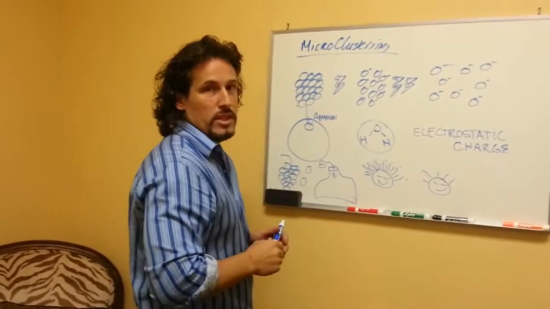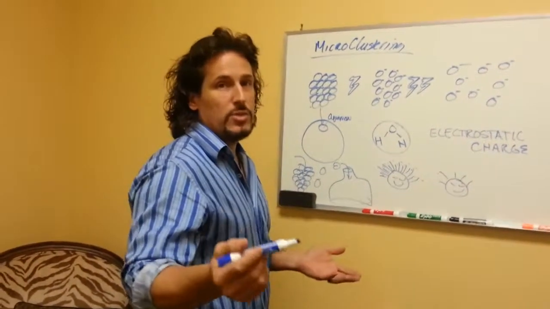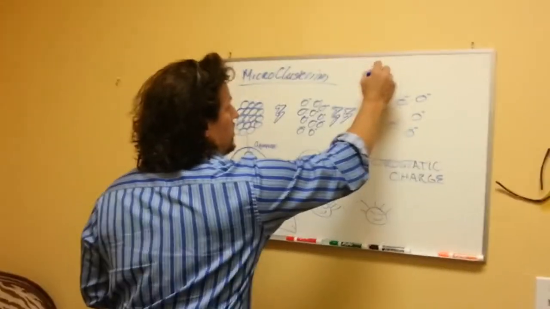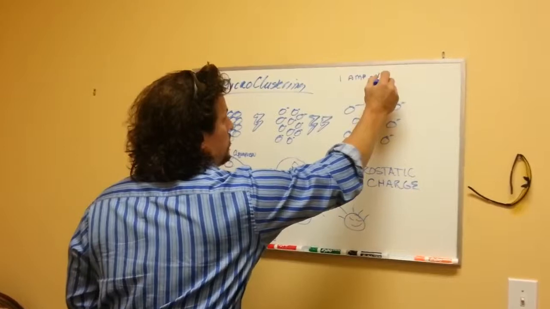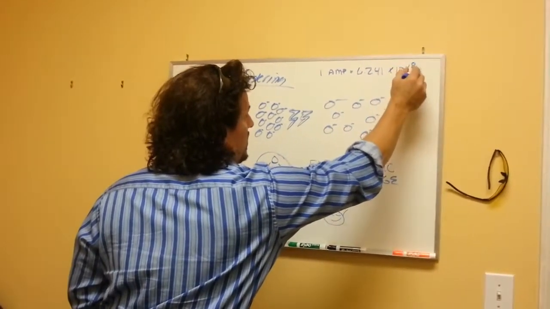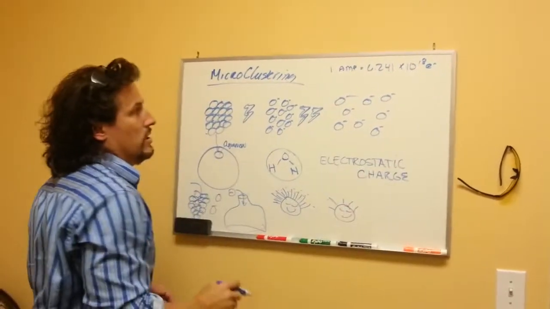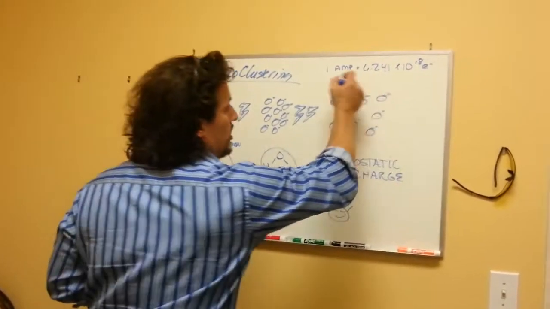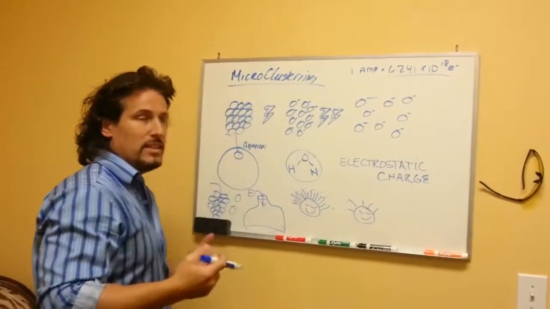Each time the electron gets charged, there again, that's where your amperage becomes important, because 1 amp equals 6.24 times 10 to the 18 electrons. So the more amperage you have, the more energy or the more electrons you're dumping into the system.